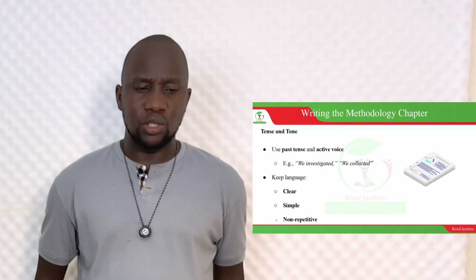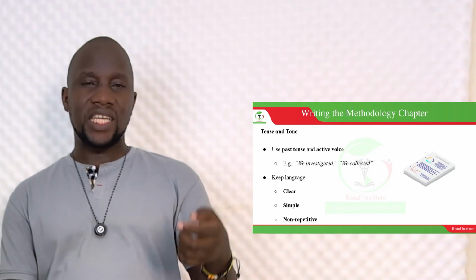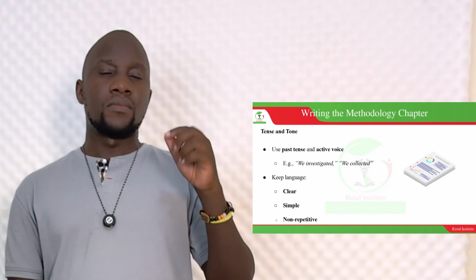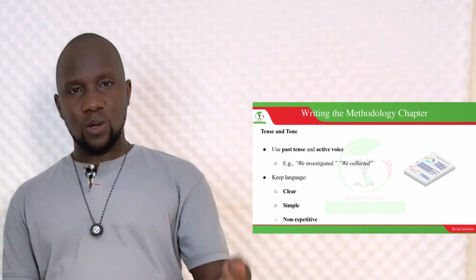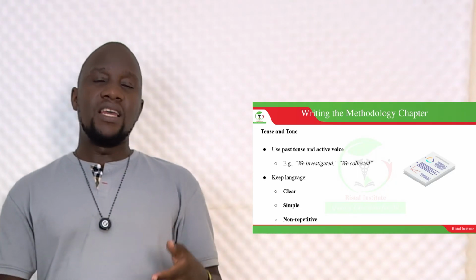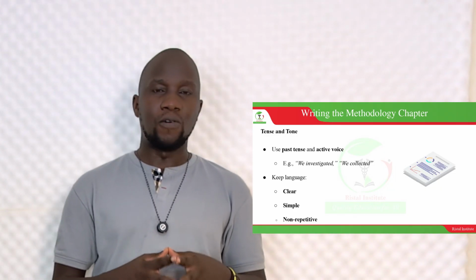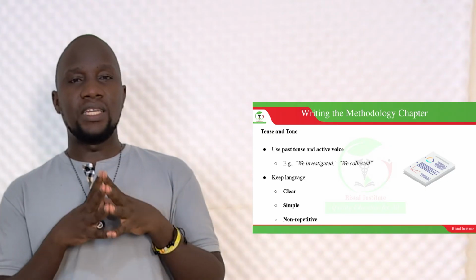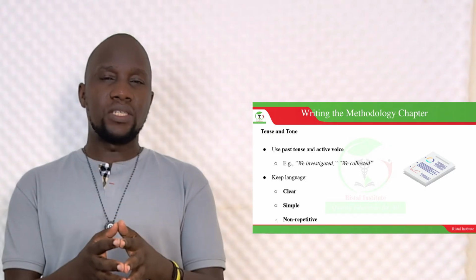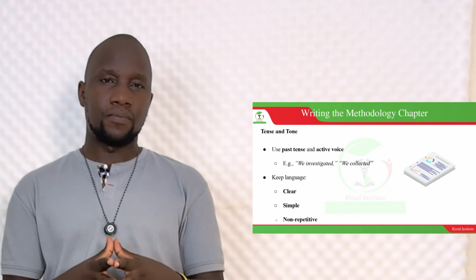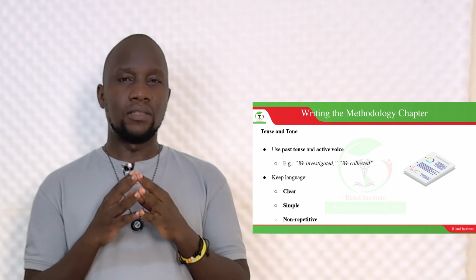Earlier on, I talked about the tone that you use. It is an academic tone when writing the research methodology chapter. Are you writing a proposal? If it is a proposal, it is in future tense. If it is the report, it is in past tense. Now, the second thing is that you should write your methodology chapter in what we call the active voice.